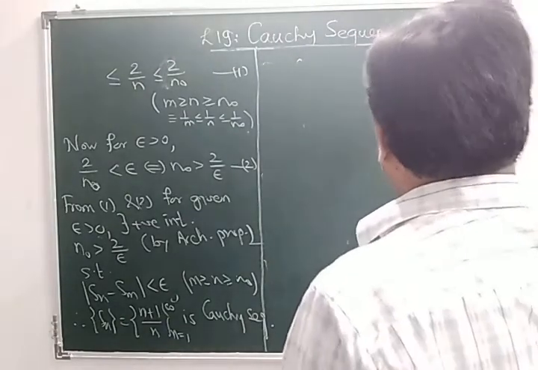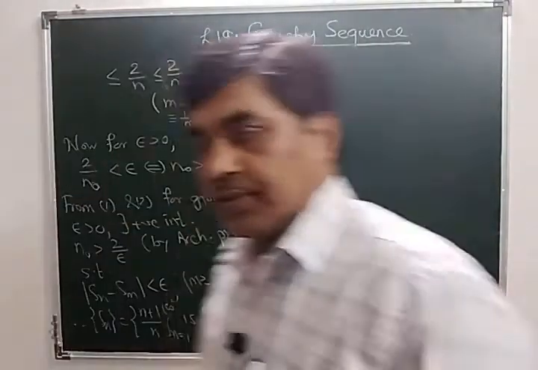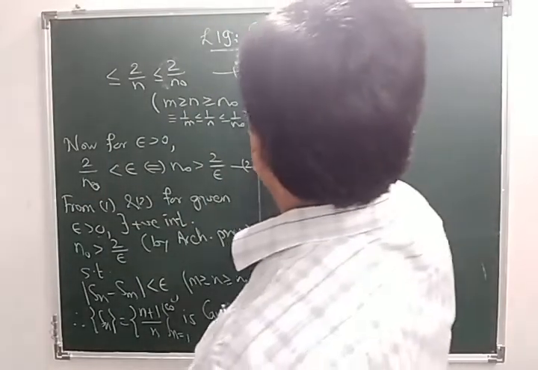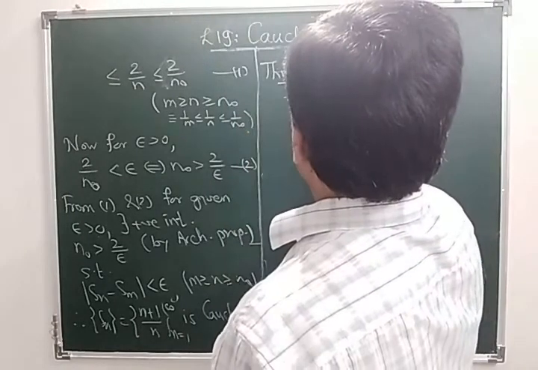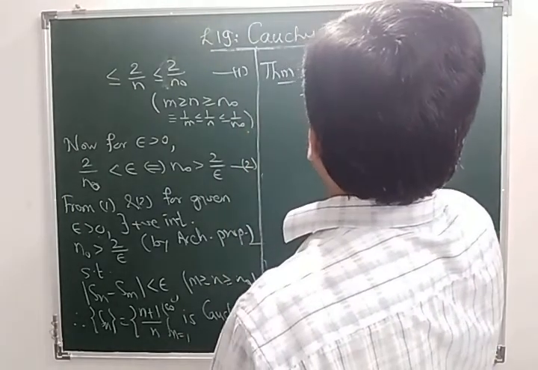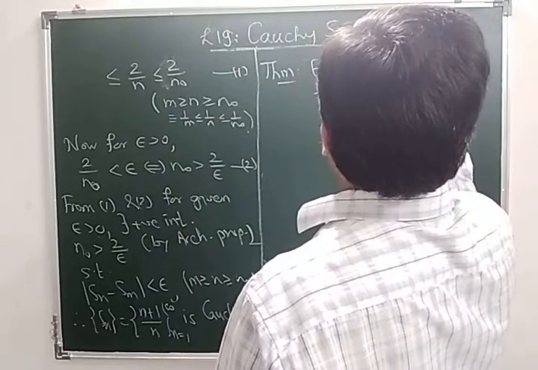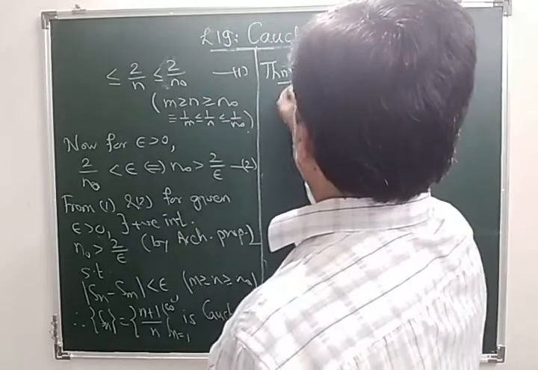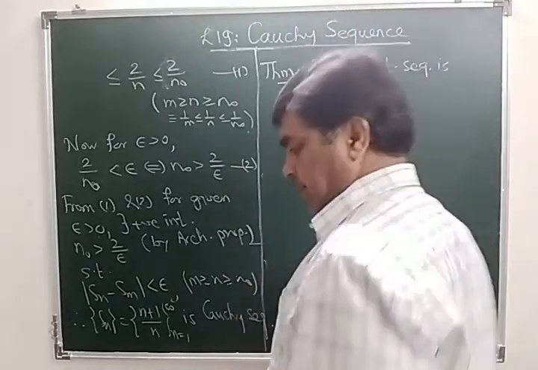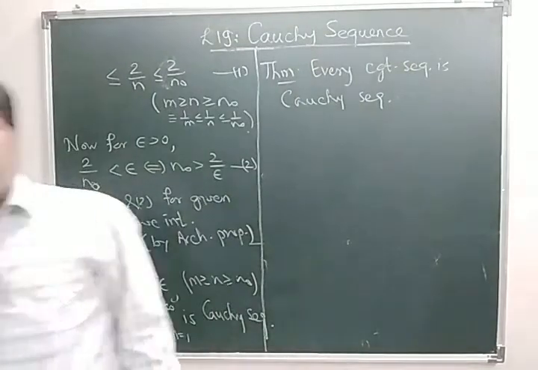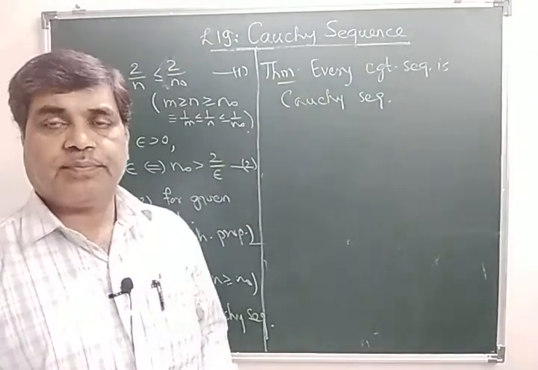Now we'll prove the result. Theorem: every convergent sequence is a Cauchy sequence. In the set of real numbers, we are going to prove that every Cauchy sequence is also convergent.